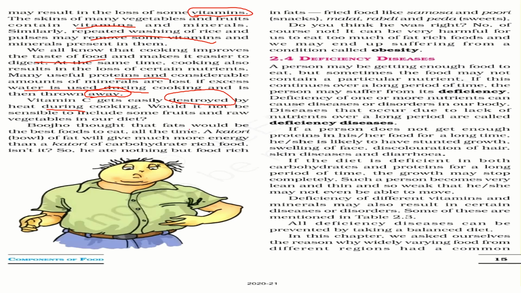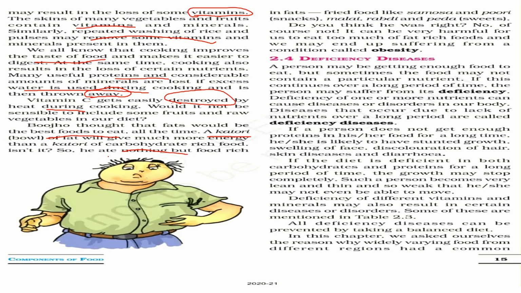Bojo thought that fats would be the best food to eat all the time. A katori of fat will give much more energy than a katori of carbohydrate-rich food. Yes, we have seen in the previous slide that carbohydrates are rich in food.